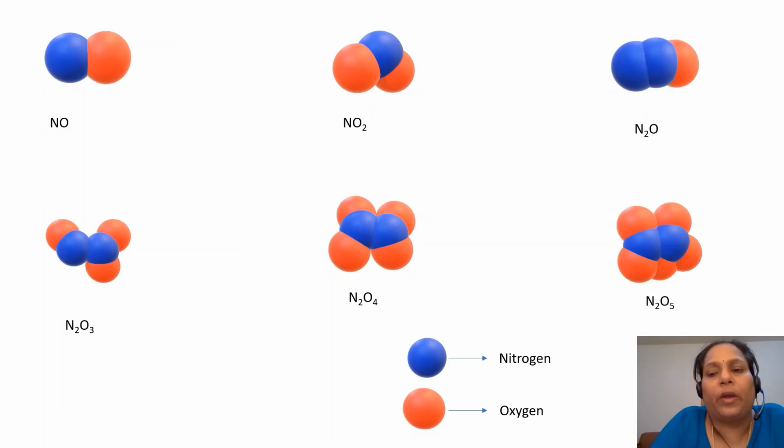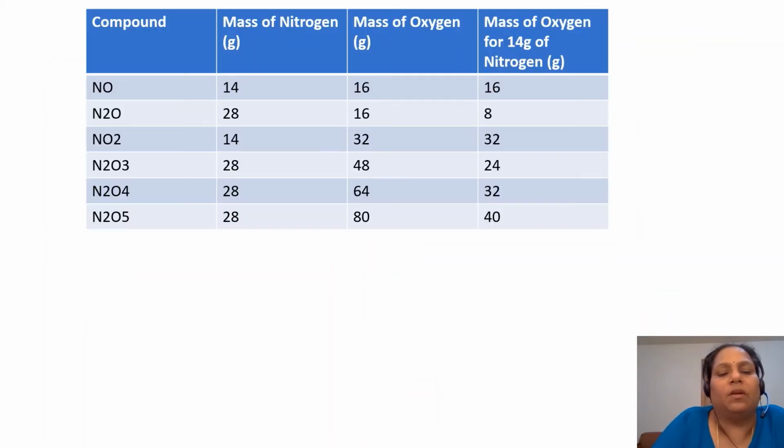So let's take a quick look at how this law of multiple proportion holds good in the oxides of nitrogen. In this table, I have given the mass of nitrogen and mass of oxygen in 1 mole of the various oxides of nitrogen. Now you must remember that nitrogen exists as a diatomic molecule N2 with a molar mass of 28 grams.